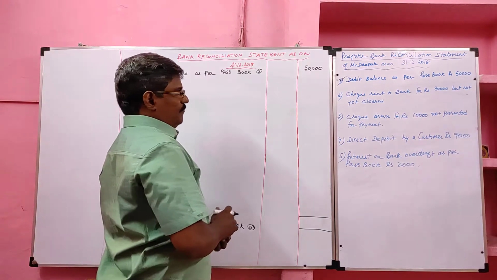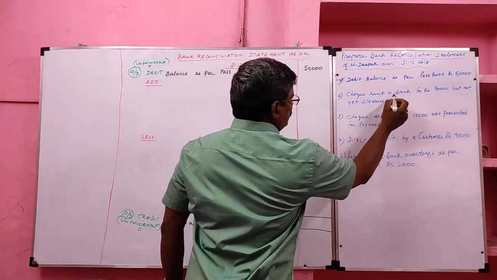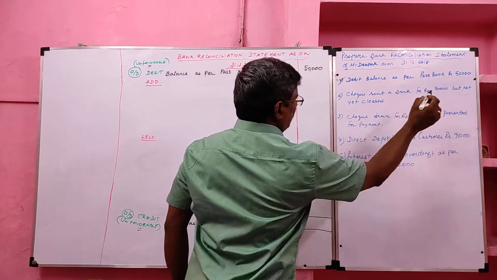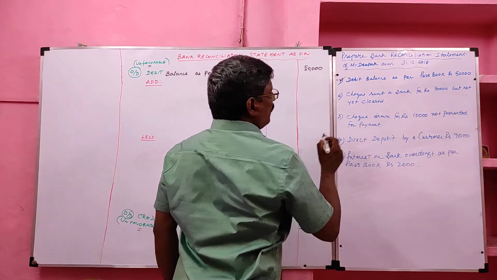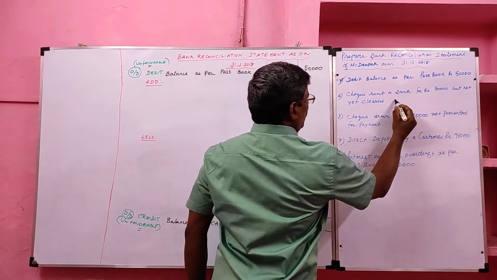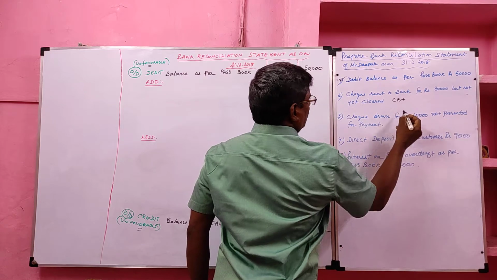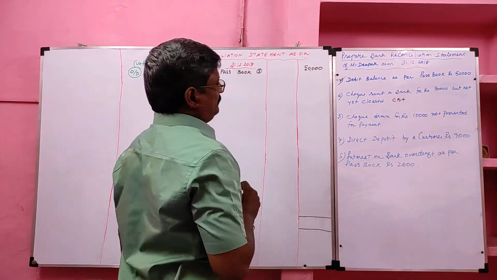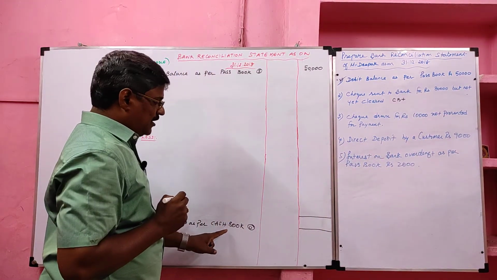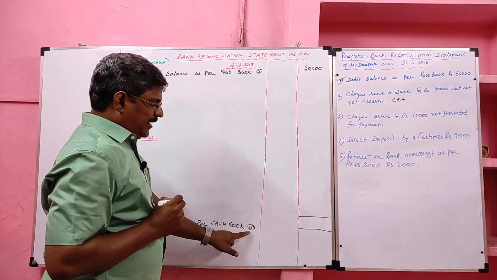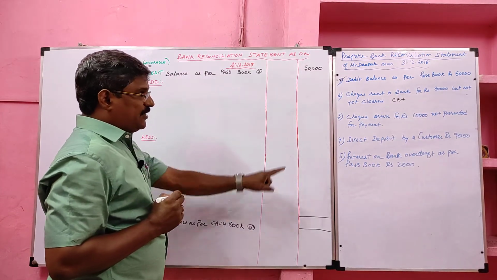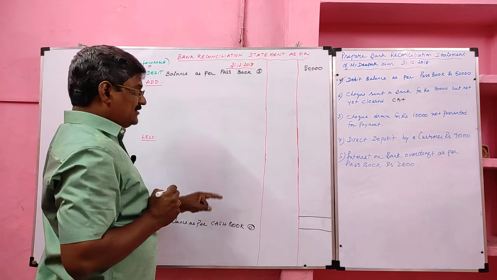Now, check sent to bank for rupees 80,000 but not yet cleared. Where did the transaction take place? It was in the cash book. It was added. What are we supposed to do? Cash book is the ending point, so here we should give the opposite effect. Already it was added, now we have to deduct.